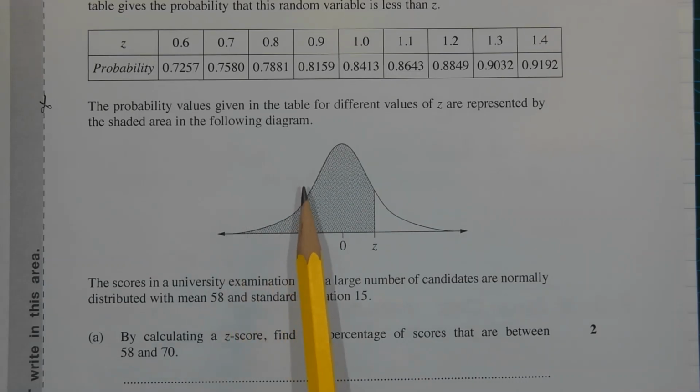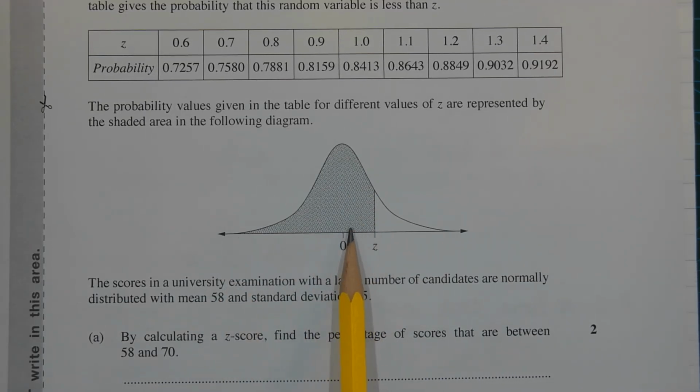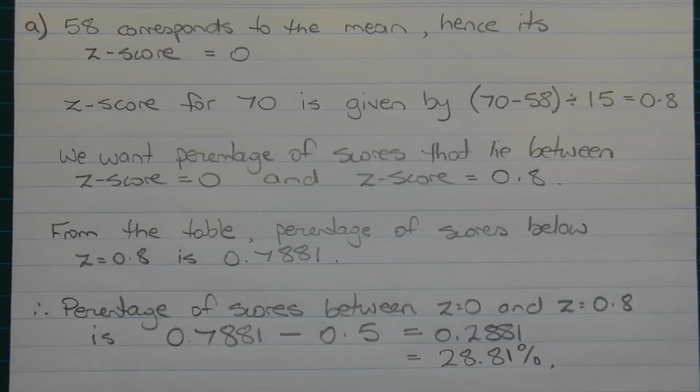So 0.7881, so that's this whole shaded area, if we take away 0.5, we get the percentage of scores that we want. So the percentage of scores between z equals 0 and z equals 0.8 is given by 0.7881 minus 0.5, and that equals 0.2881 or 28.81%.